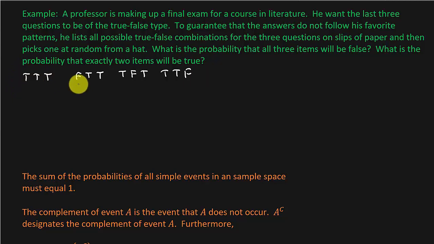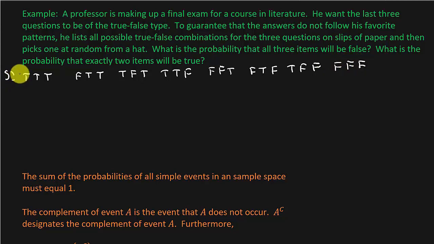And then I picked one question could be false. So I made it the first question, and then the second question, and then the third question to be false. And then we can have it where we have false, false, true. So one of them can be true, and then I have false, true, false; true, false, false; and then I have it where all of them can be false.